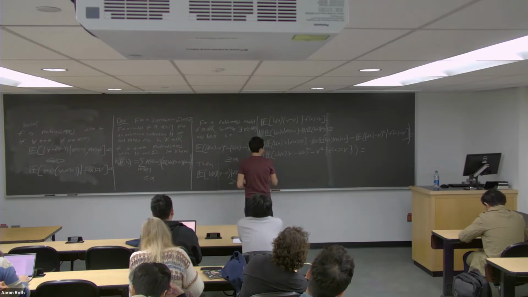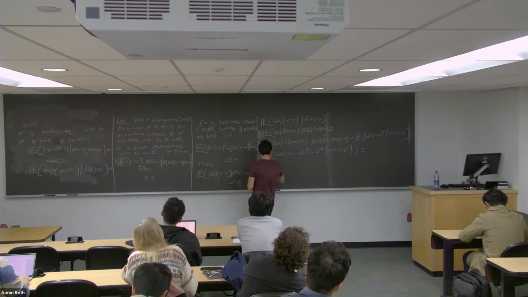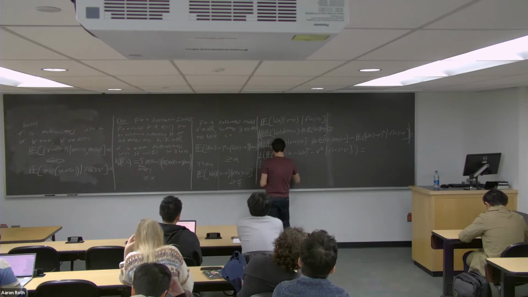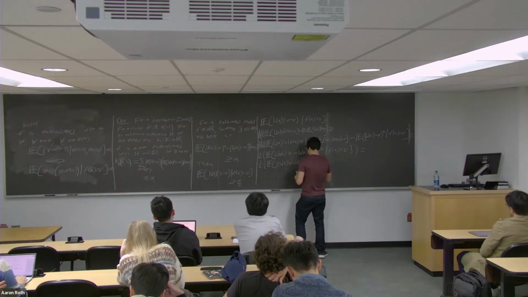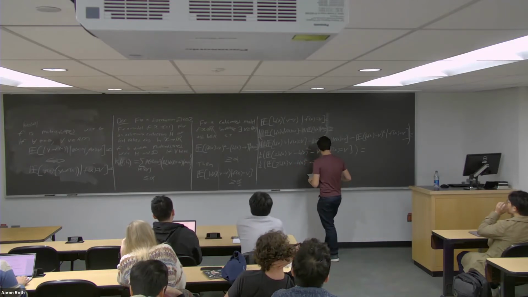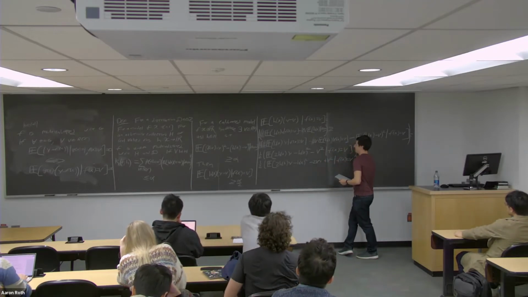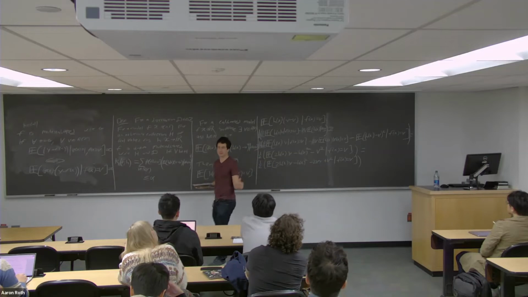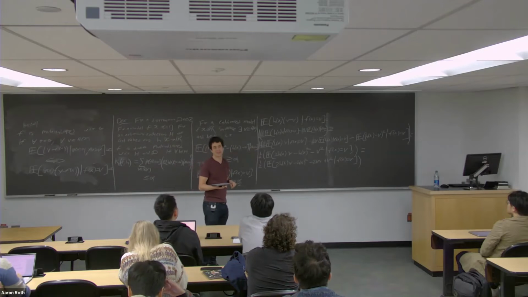So I can write this as 1/2 times the expectation of 2 h of x y minus h of x squared minus 2 vy plus v squared, conditional on f of x equals v. And here I'm using the fact that the expectation of vy is v squared because of the calibration condition. I've just added and subtracted the same quantity.